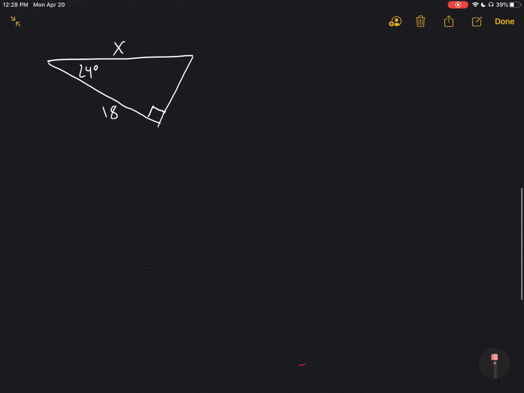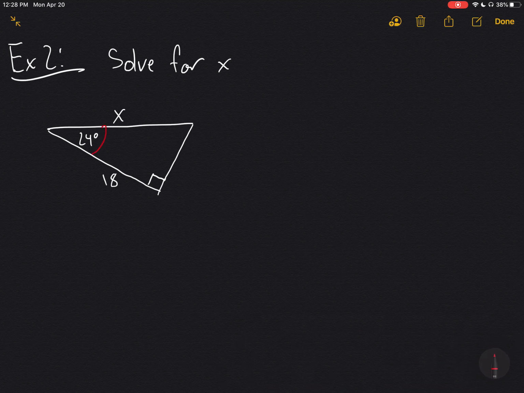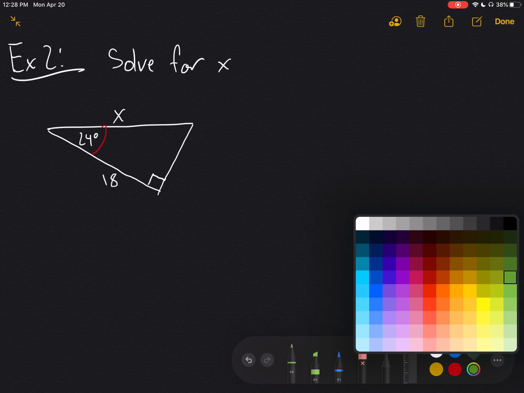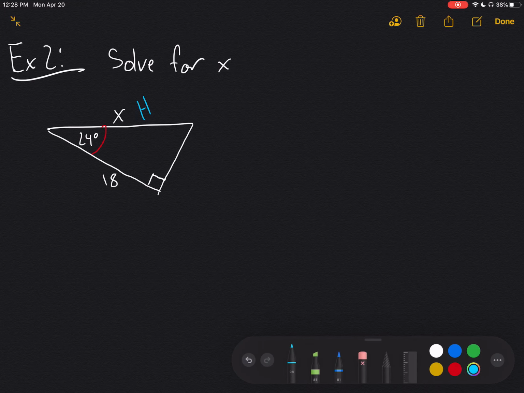Okay. So first step is always going to be to identify our angle, which is going to be 24, and then identify our side lengths. So I think that x is our hypotenuse, that's our longest side, and I think that 18 is our adjacent side, and that we don't have an opposite side.